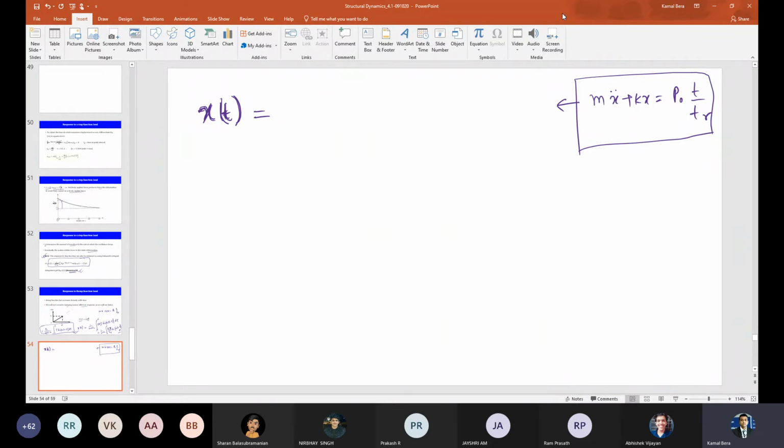Very difficult to integrate? Damping is not there. If damping is there, how will you do it? So the homework I have given, please do it, and check whether you are getting the same result that you obtained using the classical approach.